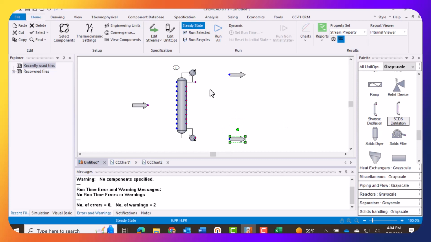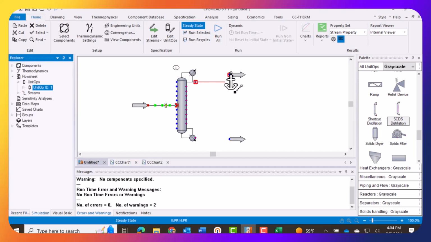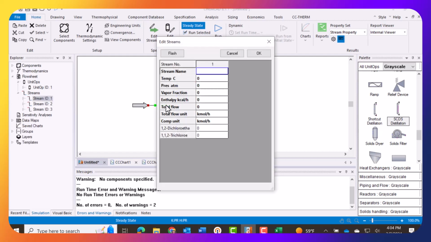So I need to now connect all of my, okay, there's my feed, my distillate, my bottoms, okay? So I have my basic tower. I now need to enter my feed information. So this is my feed stream. The authors give us a pressure of 1 atmosphere.